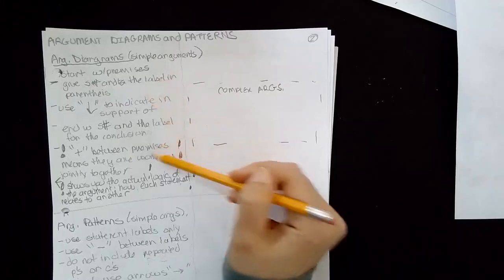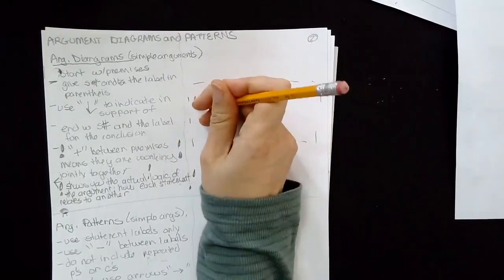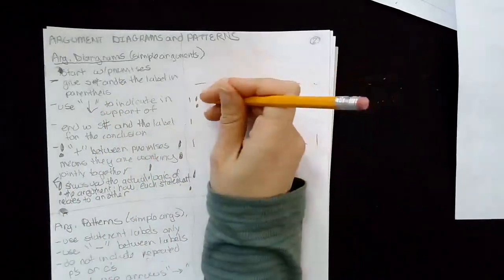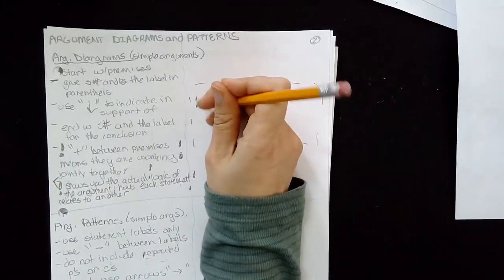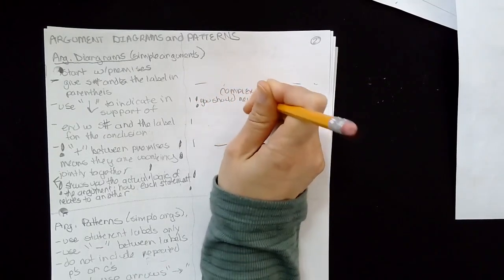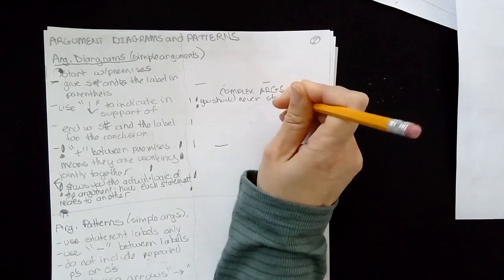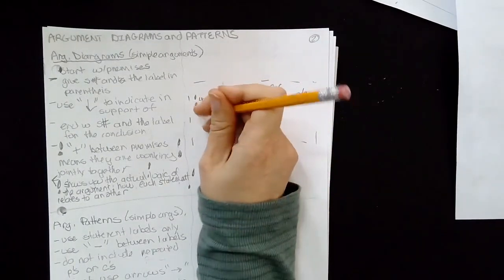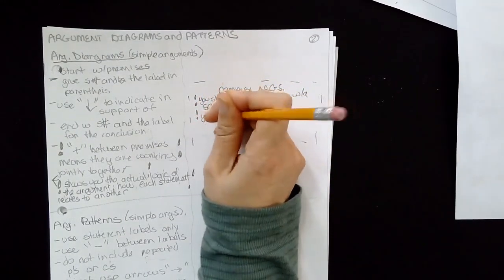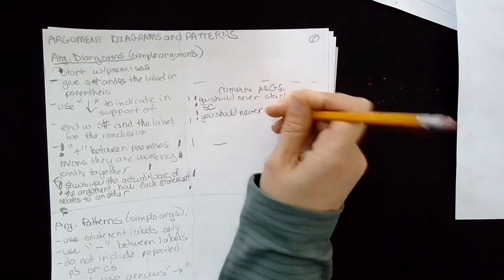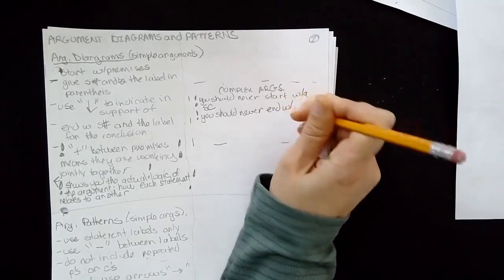Basically, things are still generally the same, but some things to keep in mind is that you're still going to always start with the premise. So if that's the case, you should never start with a subconclusion, okay? You should never end with a subconclusion.